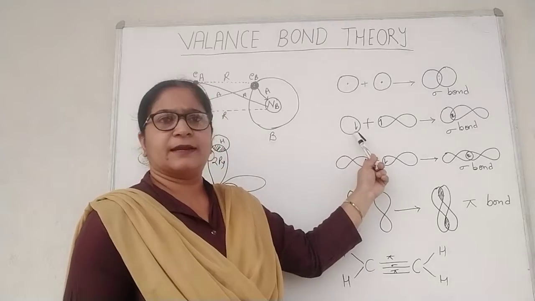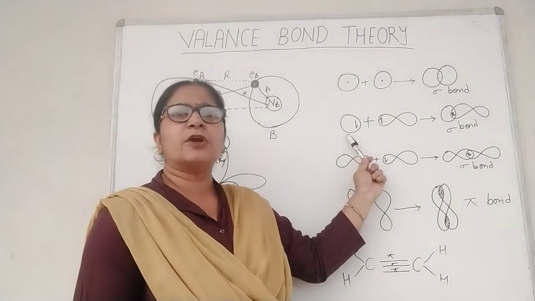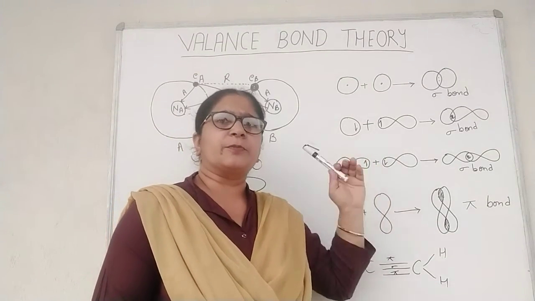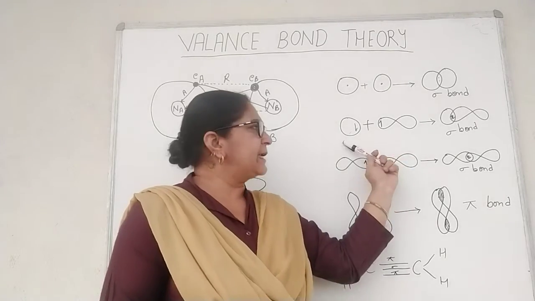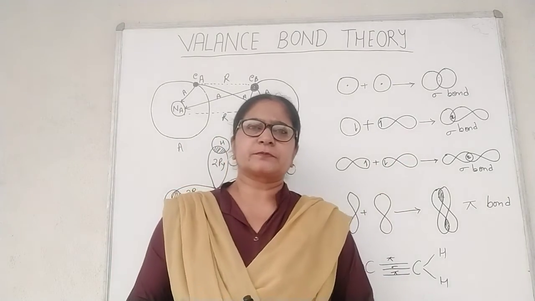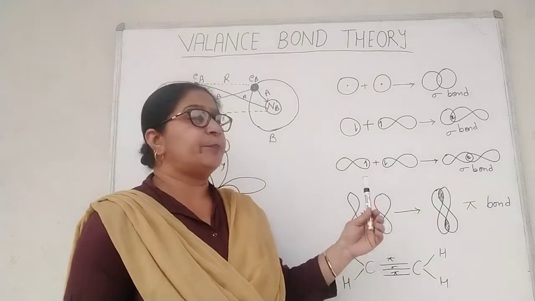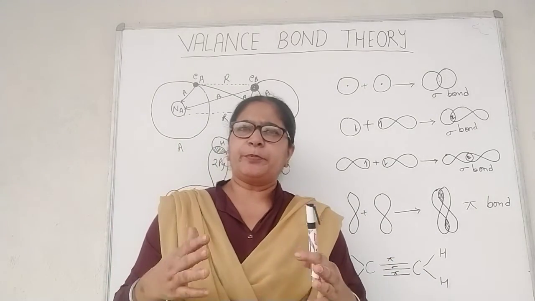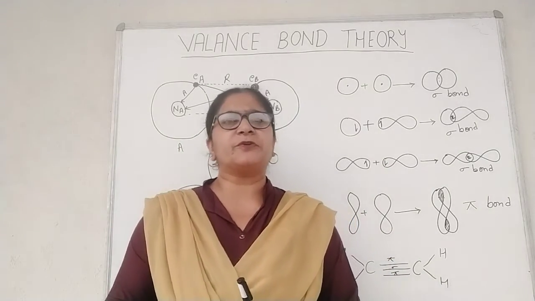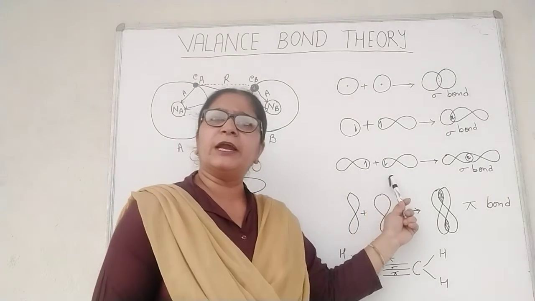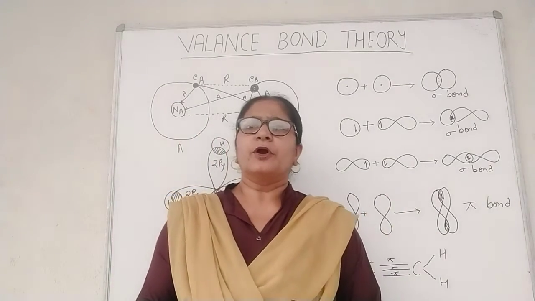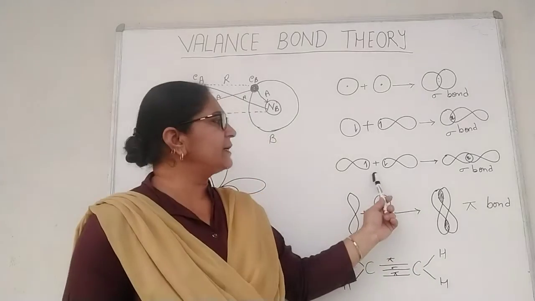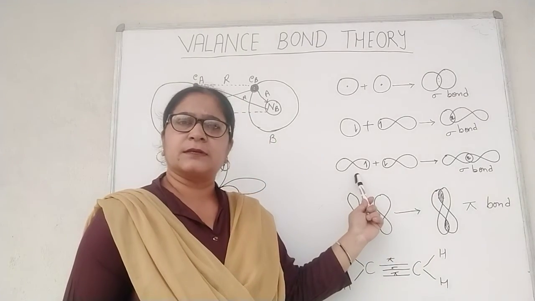Here, this is the s orbital and that is the p orbital. Now let's see the p-p overlapping. p-p overlapping takes place between two half-filled p orbitals of two atoms along the internuclear axis.